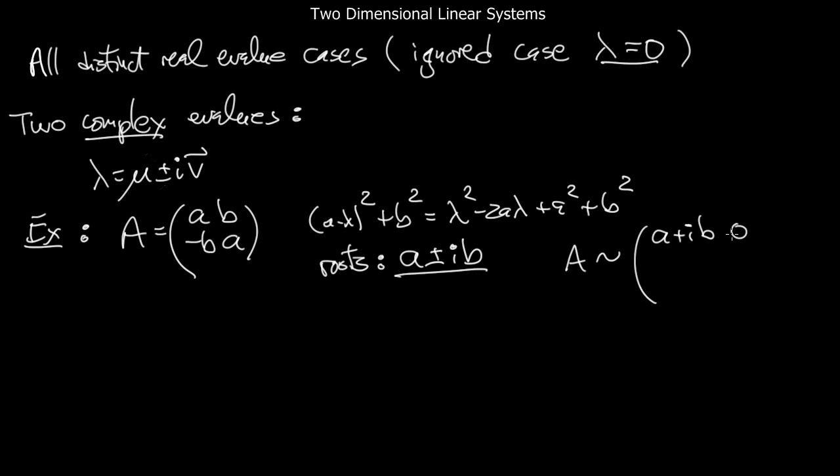That is to say that A can be diagonalized to this complex matrix. Notice that it has trace 2a and determinant a squared plus b squared.